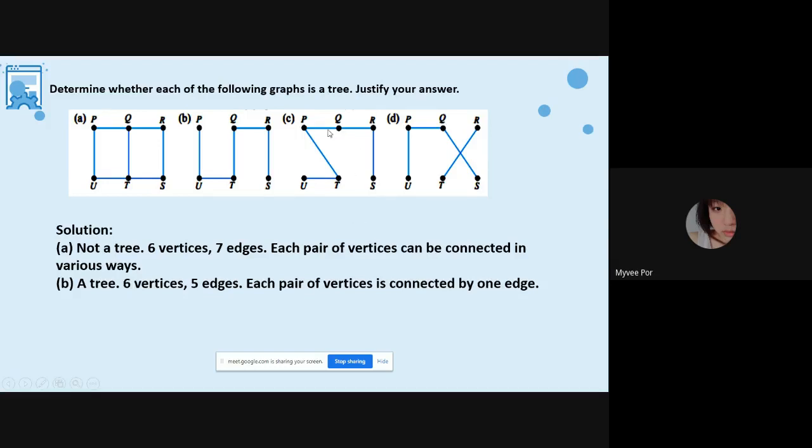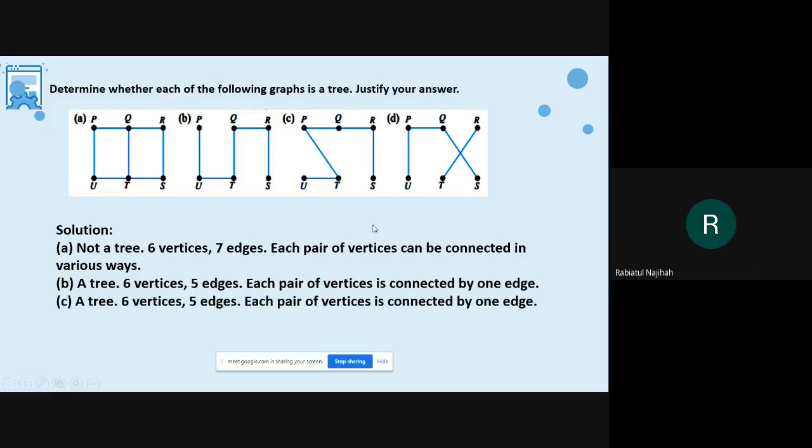Sambung. Kenapa pula? Okey je. A tree. 6 vertices, 5 edges. Lepas tu semua sekat satu-satu je. U to T, T to P. Maksudnya kalau you nak pergi T tu hanya ada satu jalan je. From U to T. Or from P to T. Satu jalan je. So C is a tree.